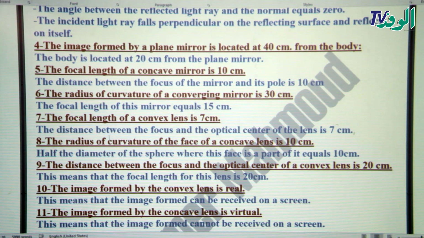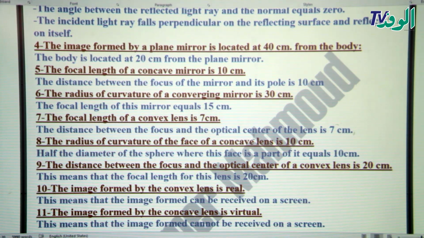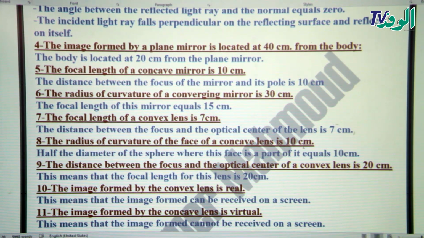Bravo. The focal length of a convex lens is 7 centimeters. What does it mean? That means that the distance between the focus and the optical center of this lens is 7 centimeters. The radius of curvature of the face of a concave lens is 10 centimeters.